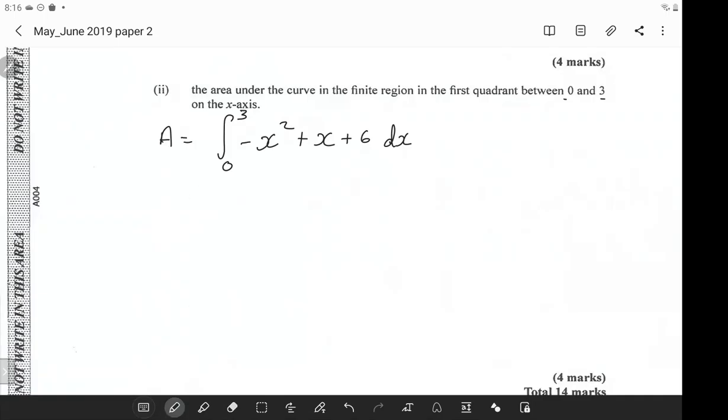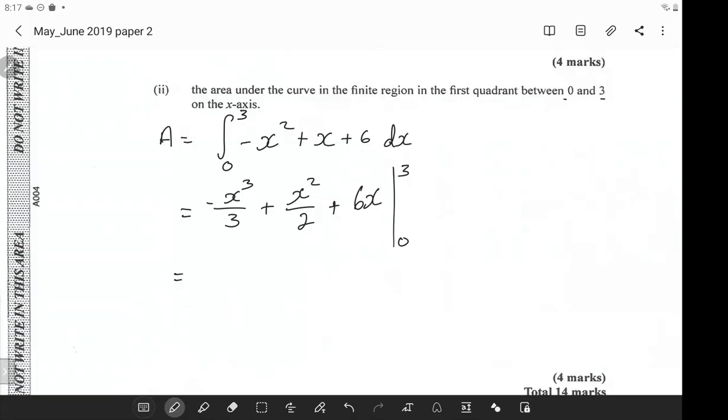So integrating this, what do we get? We add 1 to the power and divide by the new power, so we get negative x cubed over 3, plus x squared over 2, plus 6x, because 6x over 1 is still 6x. Evaluate that from 0 to 3.